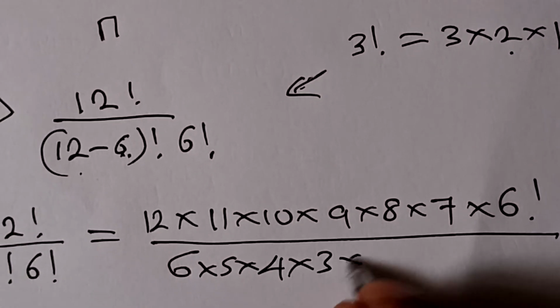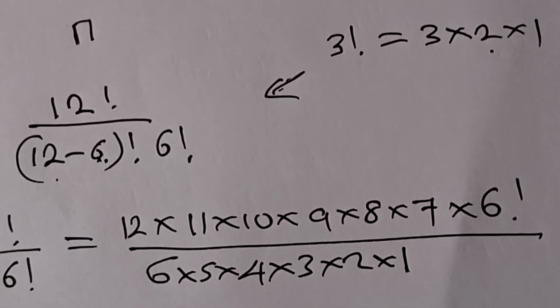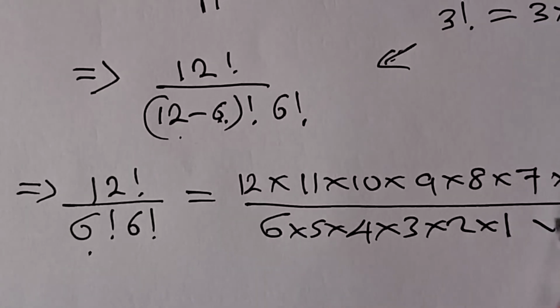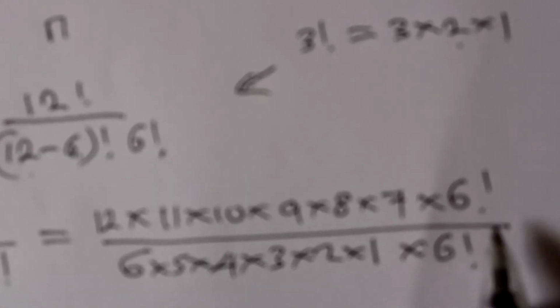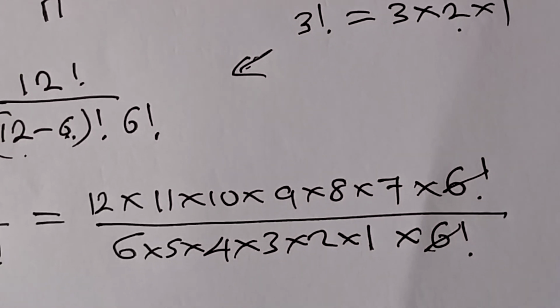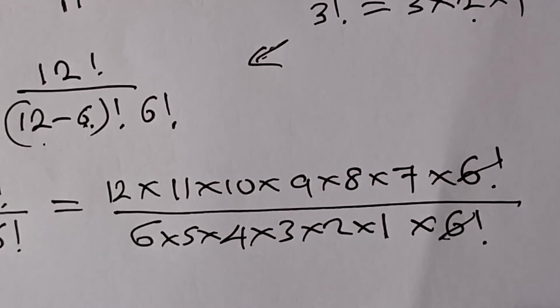You divide by 6 times 5 times 4 times 3 times 2 times 1 for the first 6 factorial, and the next is 6 factorial.